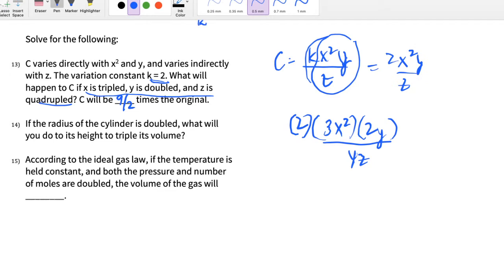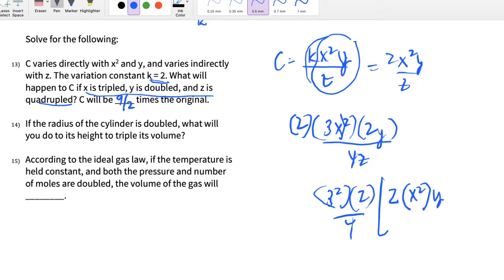Okay? So, to isolate that, kailangan natin tagalin itong 3. So, we have 3 squared times 2 over 4 times, ano yung mga naiiwan mo? 2 times x squared times y over z. Okay? Ito, di ba yung original mo lang rin?